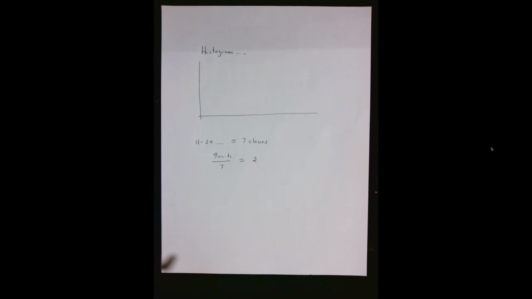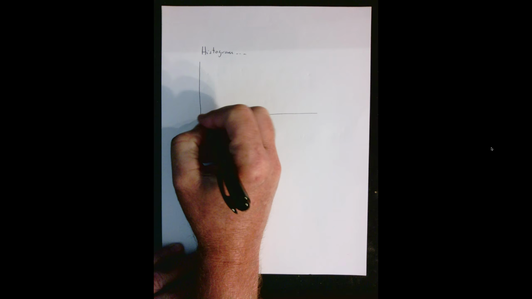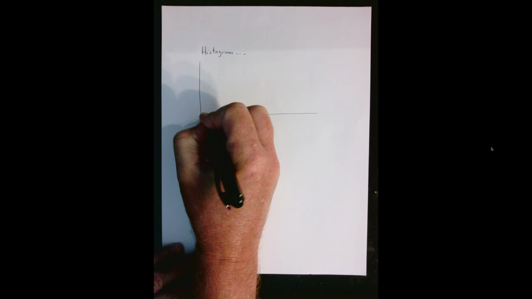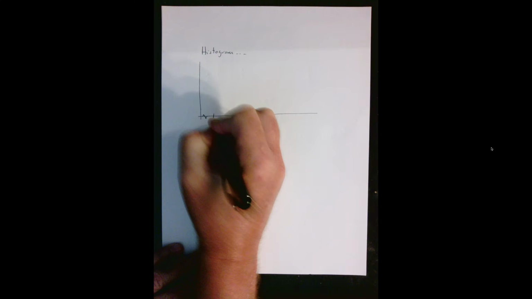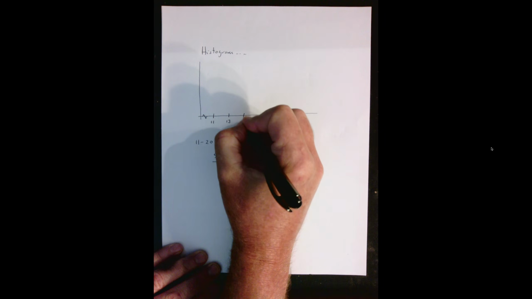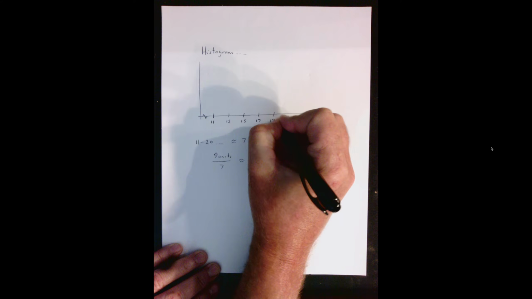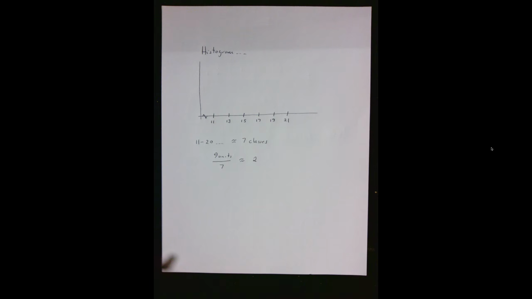It's about 1.2, something like that, but as it rounds up, we'll be at about a 2. So what I would probably do here is break this up and start at 11, and go up to 13, then 15, then 17, then 19, and then go up to 21, which is as far as I would need to go because we had cases of 20.